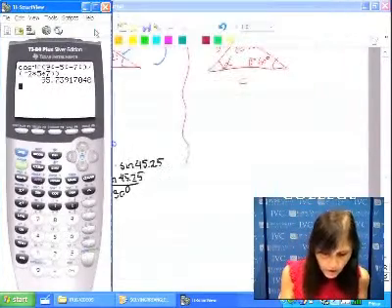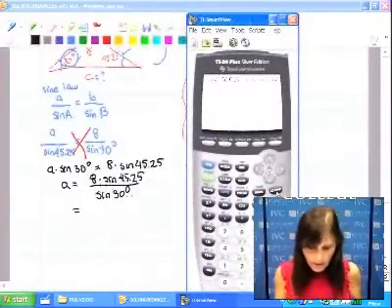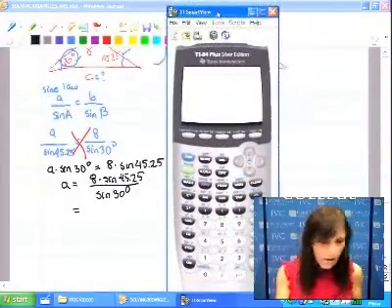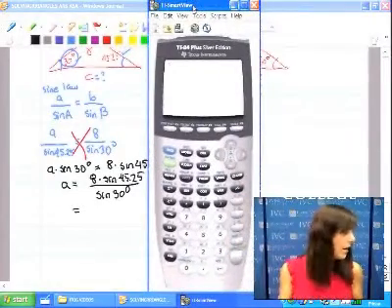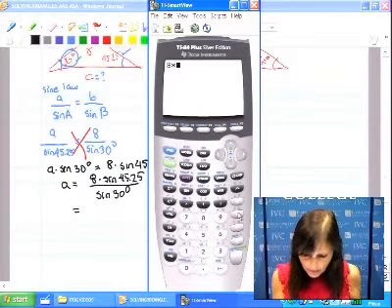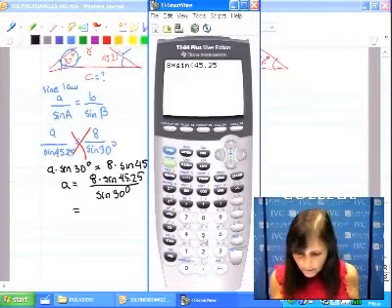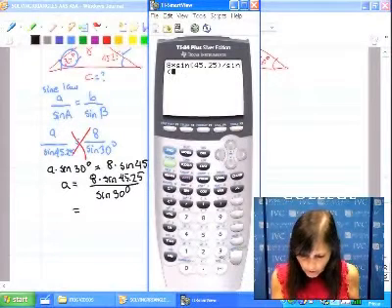Let's put that one on the right hand side. Can you see that? So it is 8 times sine of 45.25 divided by sine of 30.